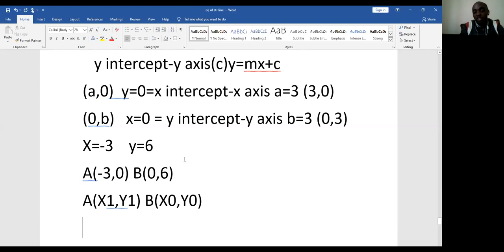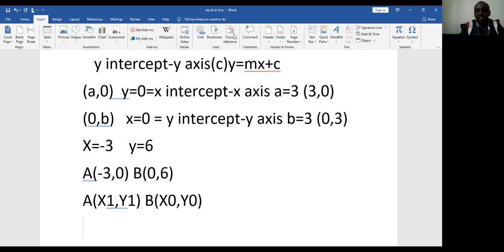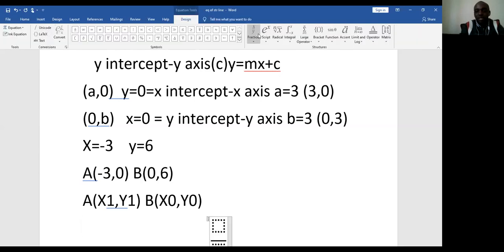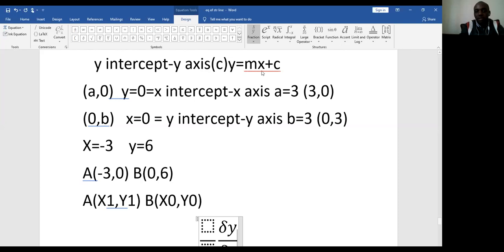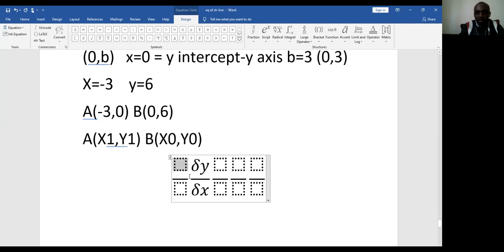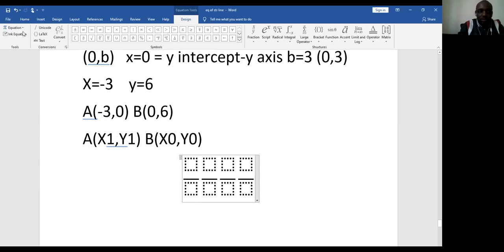If you are given 2 points to find the equation, you have to start by finding the gradient. And then you'll come here and say this, change in y over change in x.